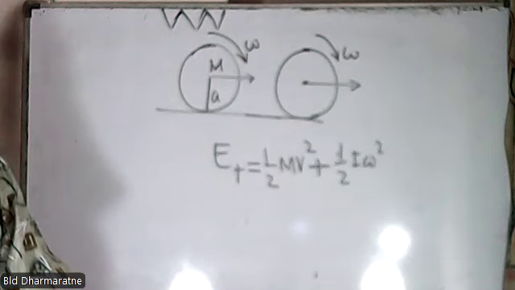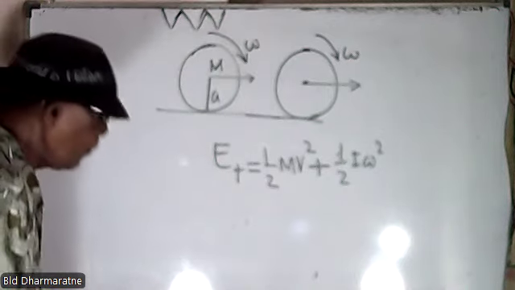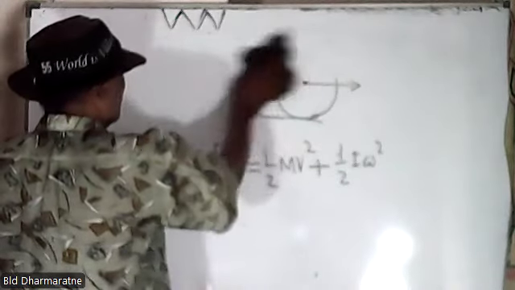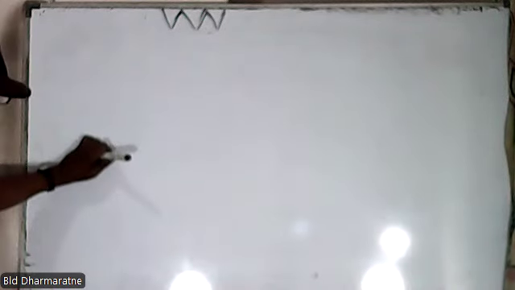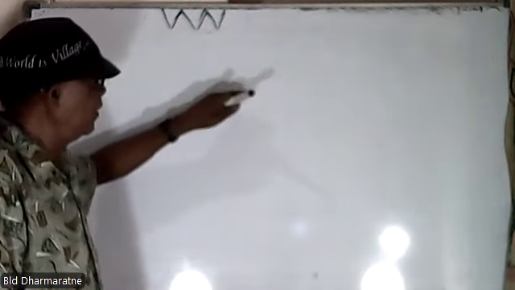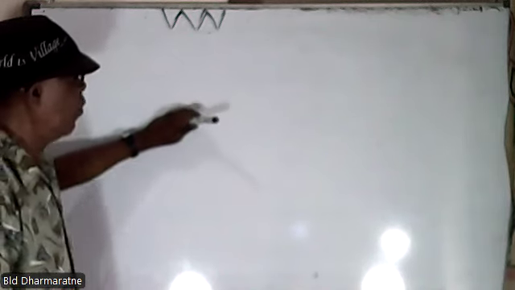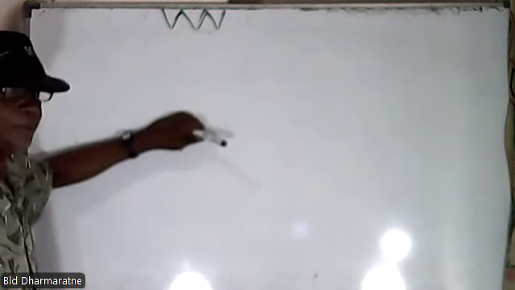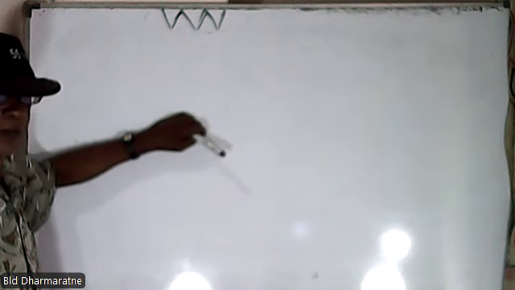Now the conservation of angular momentum. If there is no external torque during the rotation, the angular momentum is conserved, constant.